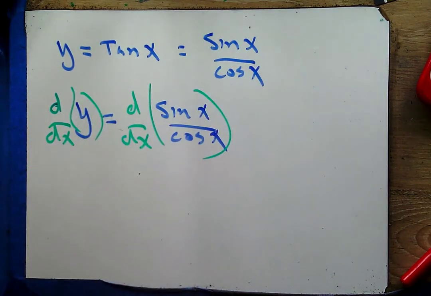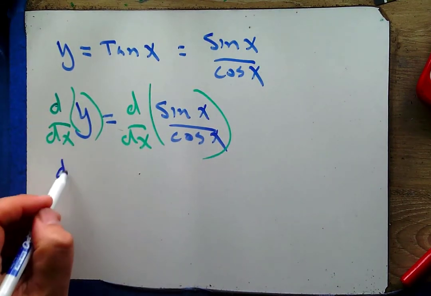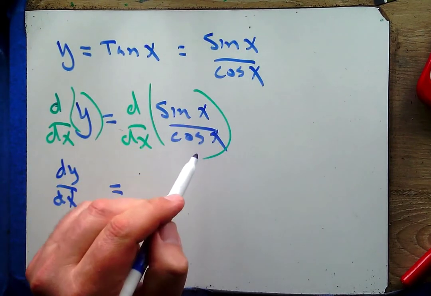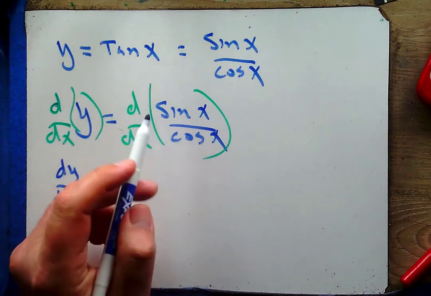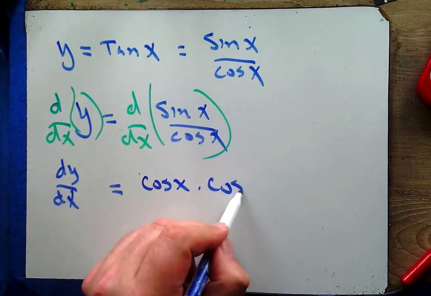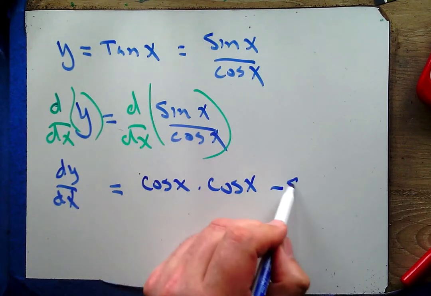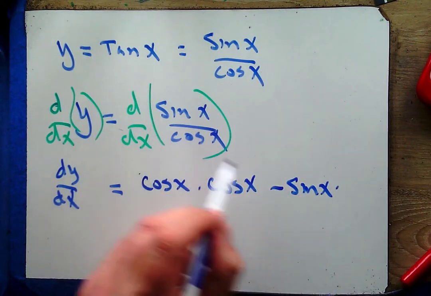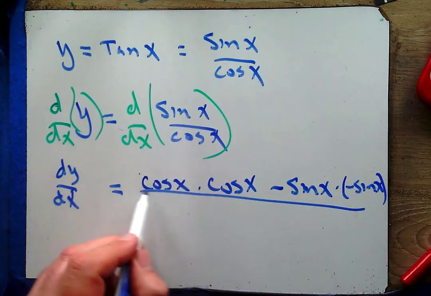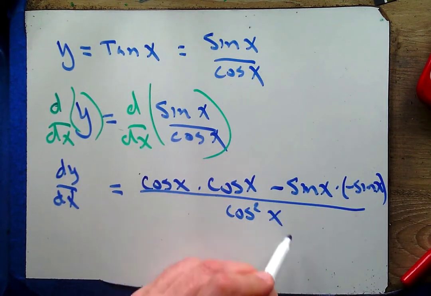So I take the derivative, and now I have dy dx on the left, and on the right, the derivative of this is going to be quotient rule. So low d high minus high d low. The derivative of cosine, remember, was negative sine, all over low squared.